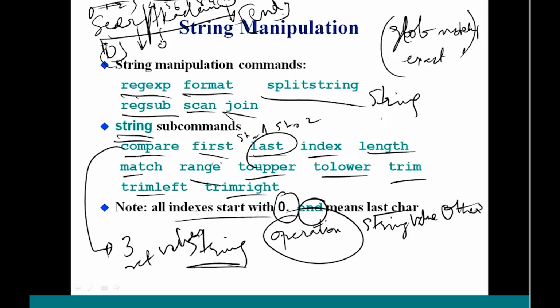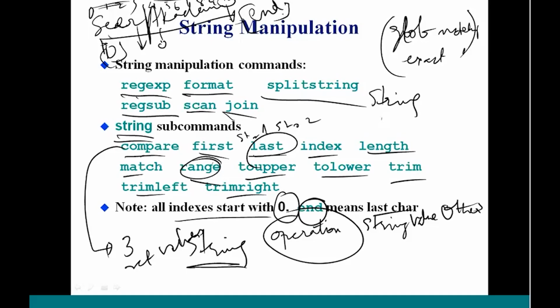Some of the other interesting ones are range. Range takes three additional arguments, the string and two numbers, and returns the characters between those two numbers as the range.